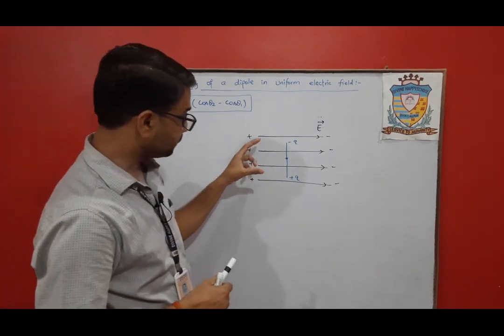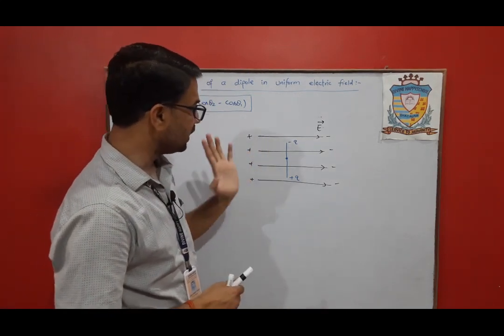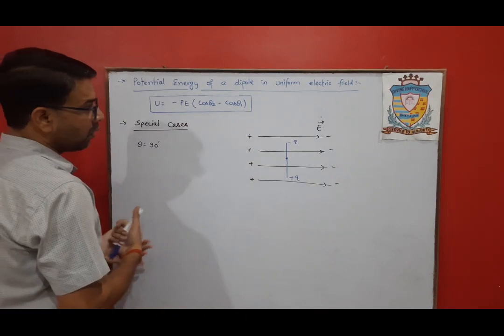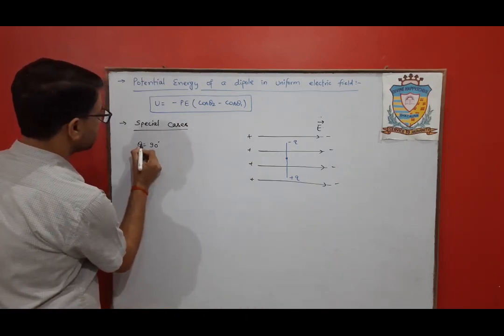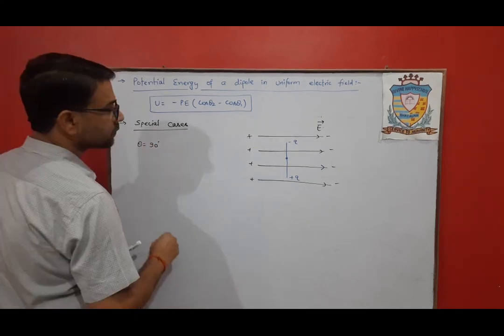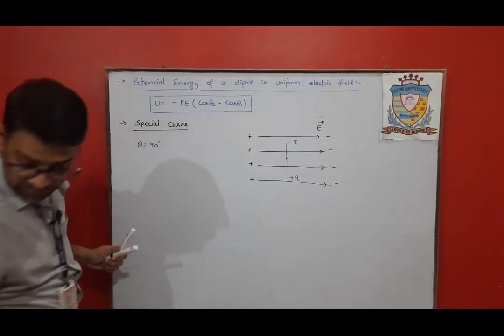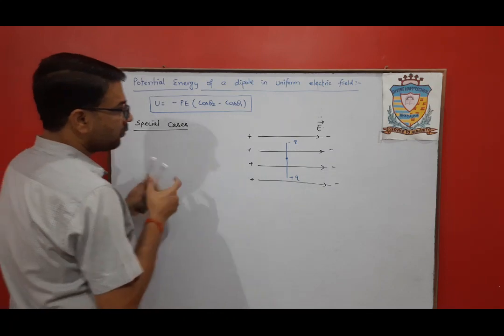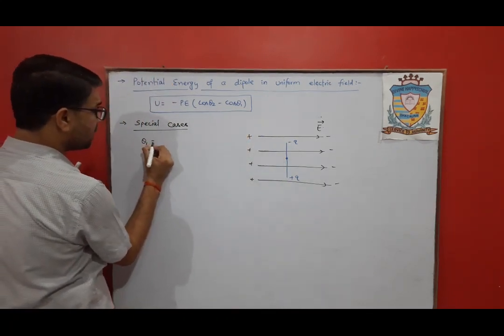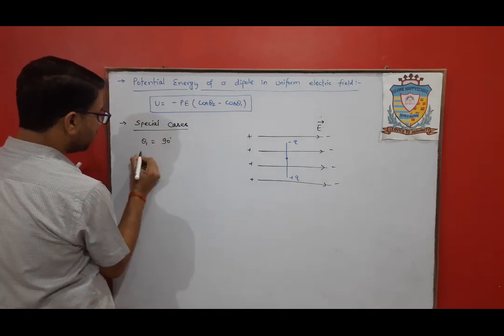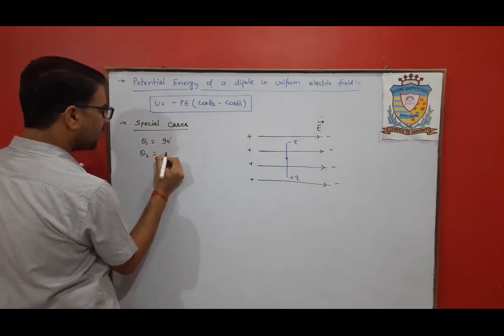So let this make an angle of 90 degrees. Here, let the first angle, that is theta 1, the initial angle, be 90 degrees, and theta 2 be any angle theta.